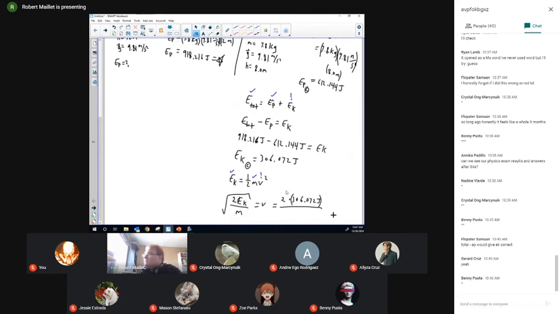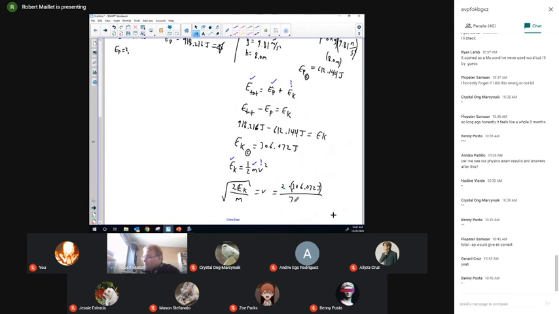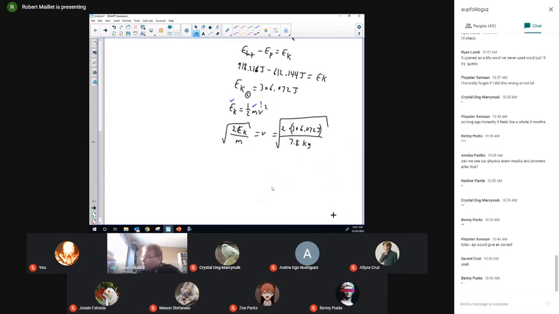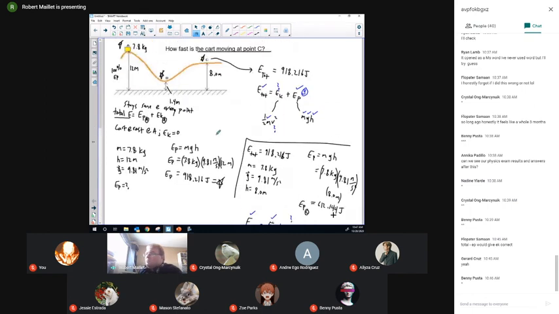How big was this thing again? 7.8. And then all of that is being square rooted. 2 times 306.072 divided by 7.8, square root of that. V equals 8.85889 meters per second.